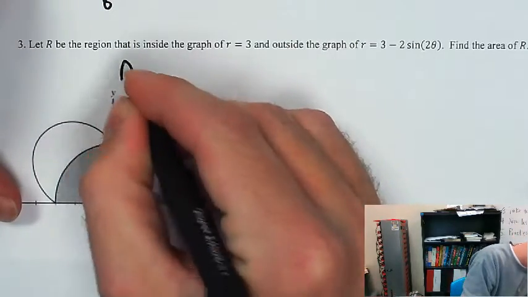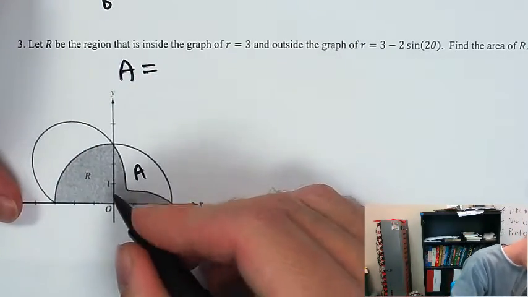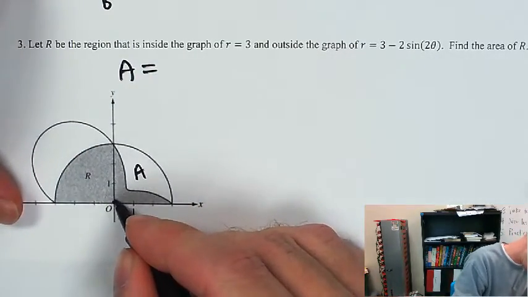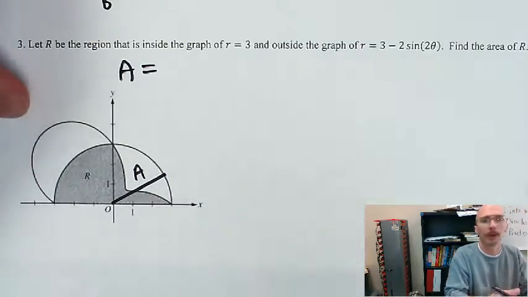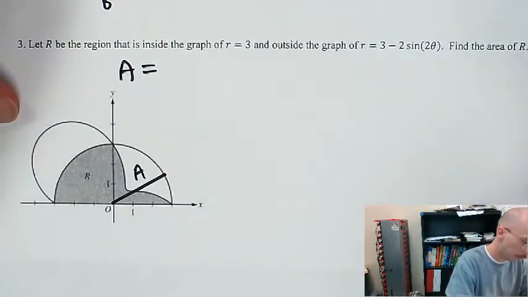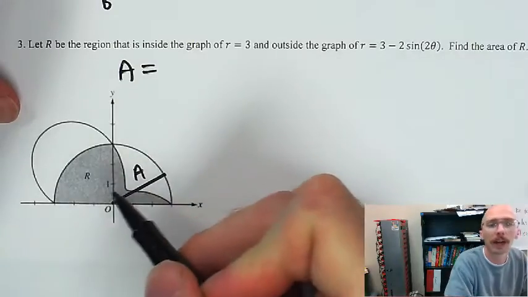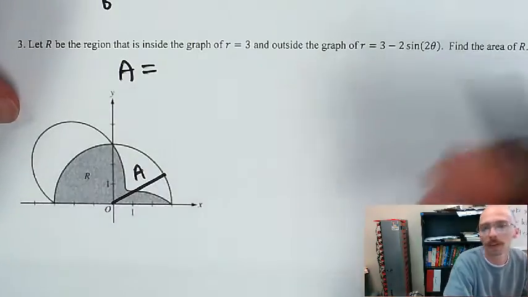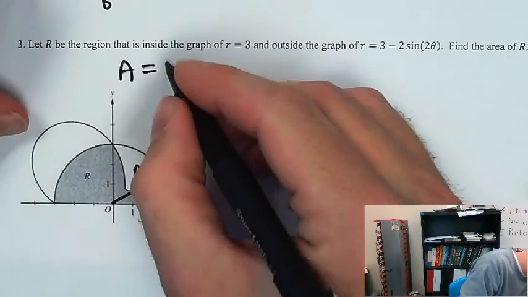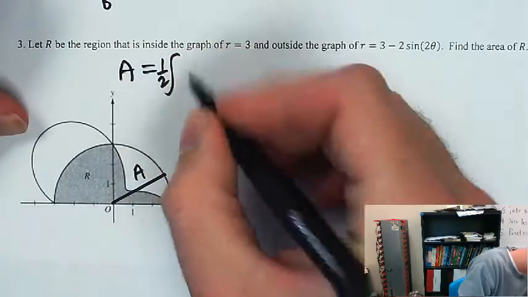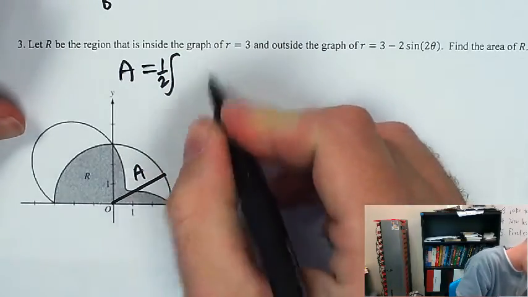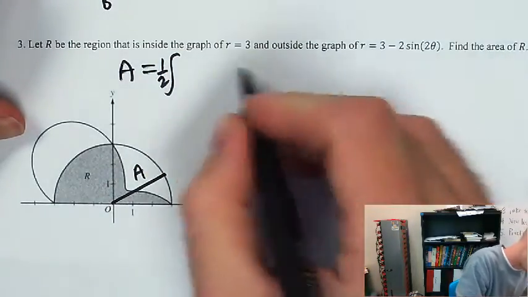Okay. So area A is going to be, if I draw the radial line to the edge of the region, I'm hitting 2 curves, which means that I'm going to be subtracting. I'll have the other thing happening when I find the area of the shaded region. So area A will be equal to 1/2 the integral of r squared minus the other r squared.